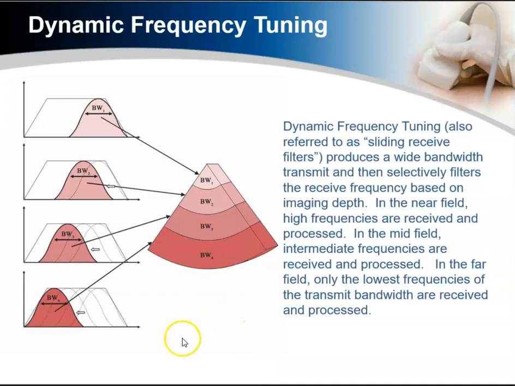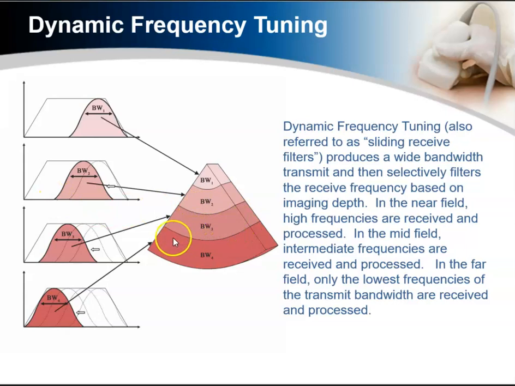Dynamic frequency tuning, also sometimes referred to as a sliding receive filter, just says that when we are listening for echoes coming back from the near field, we're going to listen in this higher frequency range. When we're listening a little bit deeper, we're going to listen in this slightly lower frequency range.